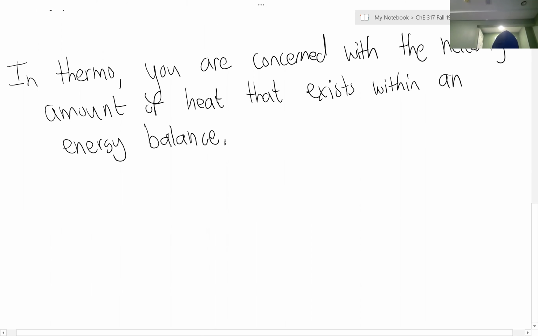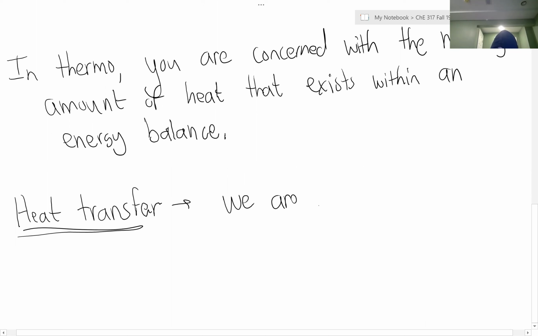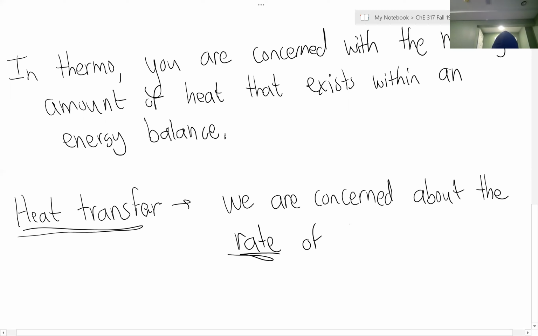However, in this class, when it comes to heat transfer, we are concerned about the rate of heat transfer.